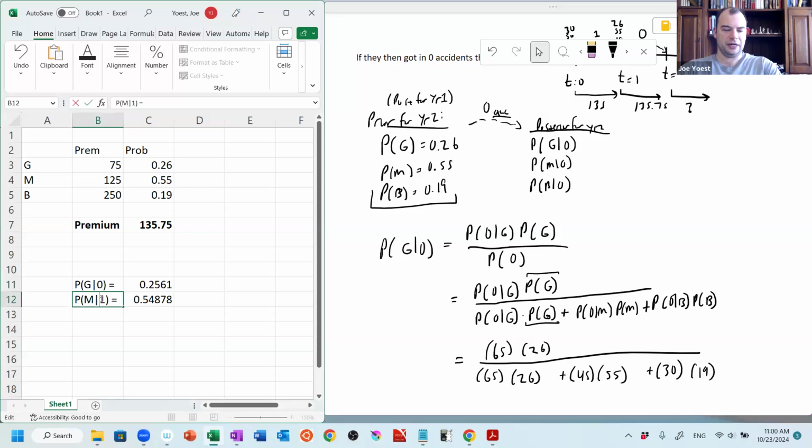So let's come over here and change these. I basically have to rewrite this whole thing anyway, because everything has changed. So I'll just delete it and start over. So I need 65 times 26 divided by, and then I need parentheses here. Make sure to include that whole denominator inside of parentheses. 65 times 26 plus 45 times 55 plus 30 times 19.